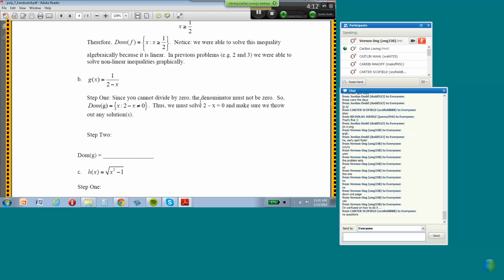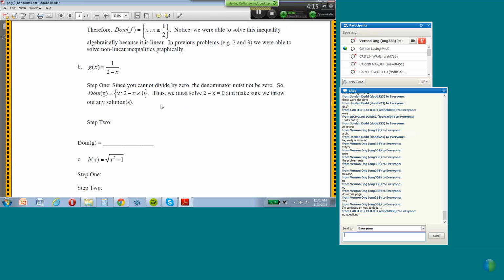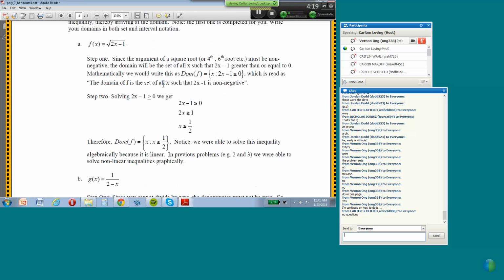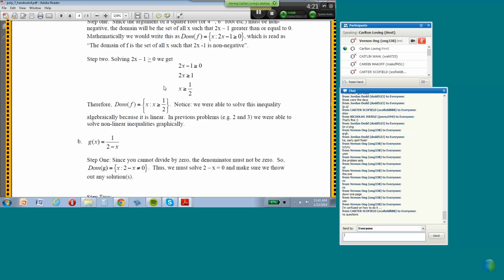So in B, they do step 1 for you. And basically what they're doing in 1 and 2 is they're reminding you of the two things we reminded you of last time on Tuesday. We said, the things you've got to watch out for: radicals, because we don't want negative numbers in there, and denominators, because we can't have anything equal to 0 in the denominator.